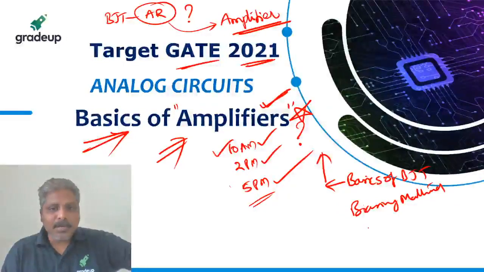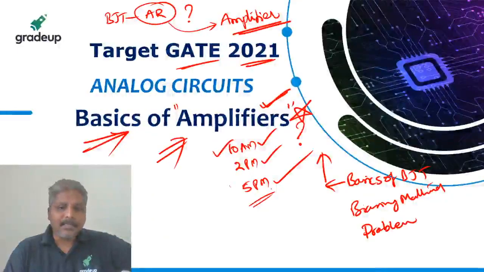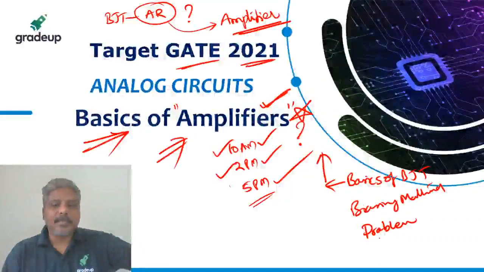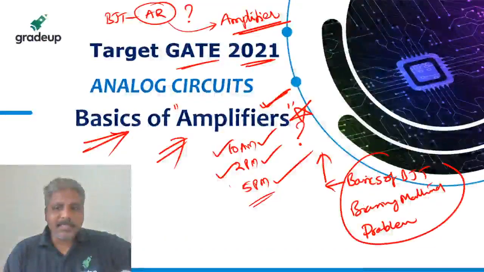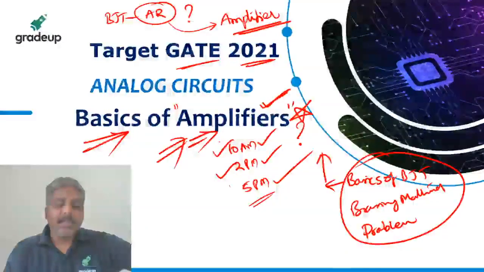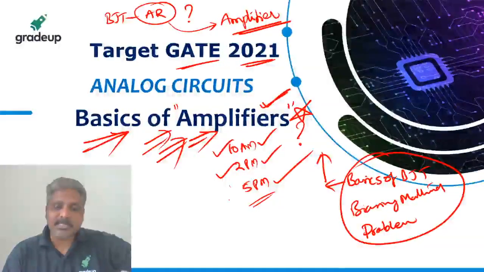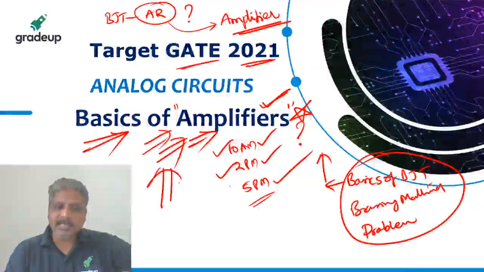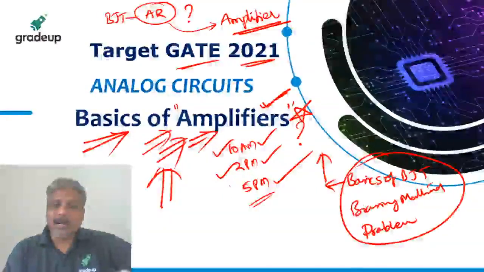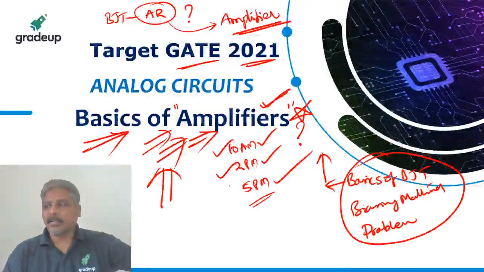And then you come to practice problems on biasing. That's what we have done at 2 p.m. So if you have done these three things, then you are ready to understand amplifiers directly. I don't suggest to come and watch this lecture if you missed the previous lectures. I always suggest, guys, please attend the previous classes to come to this, otherwise it is difficult for you to understand. Okay, this is the caution I am giving you.